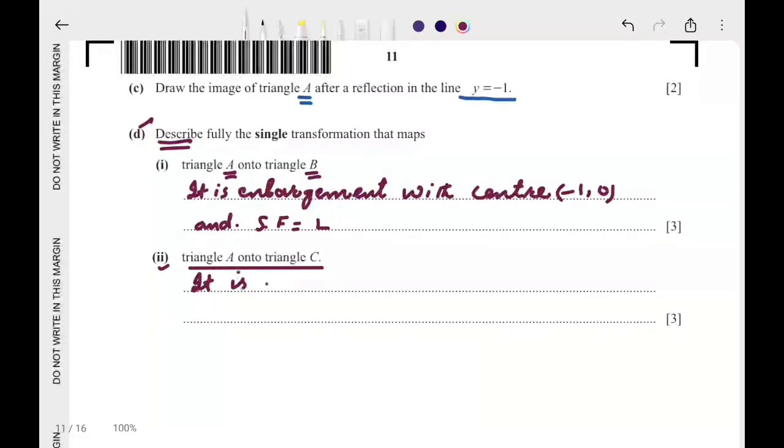It is a rotation with center (2, 3) and angle 90 degrees clockwise.